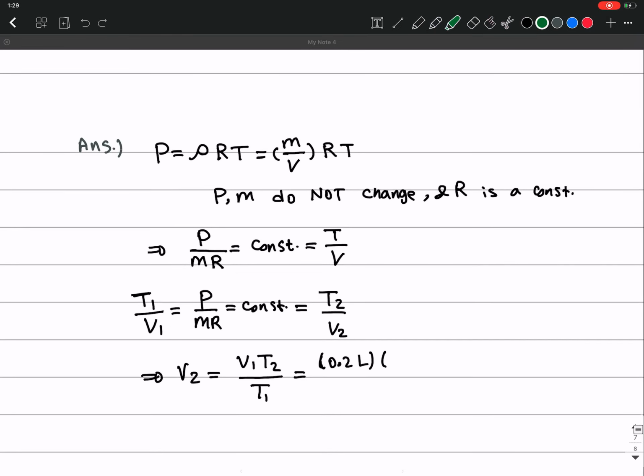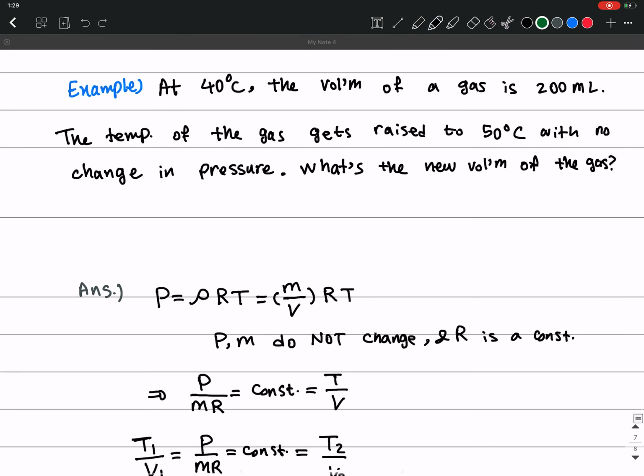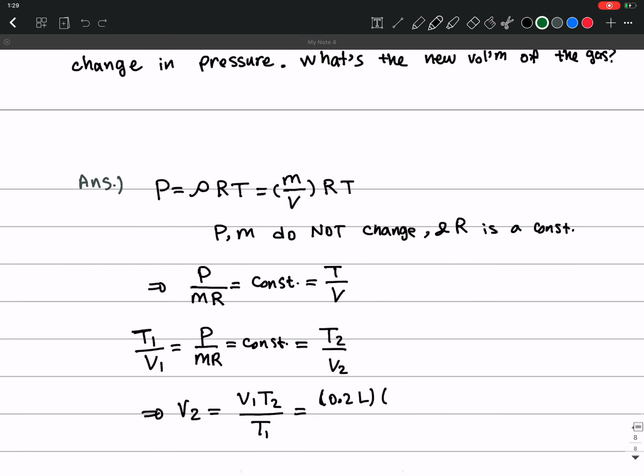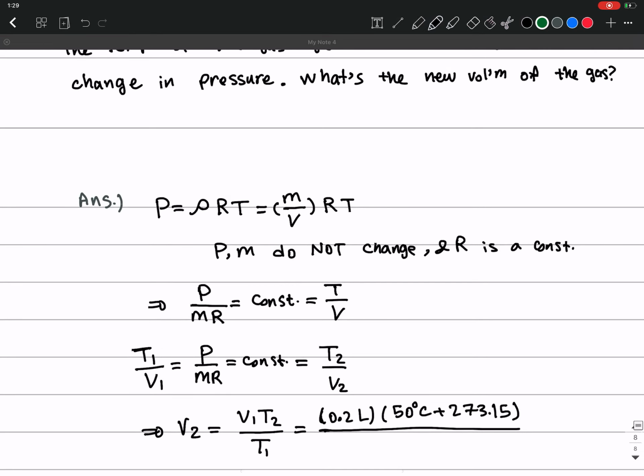So T2 is 50 degrees Celsius, and I'm going to add 273.15 to get the absolute temperature. So I have 50 degrees Celsius plus 273.15, which gives me the Kelvin value, over T1, which is 40 degrees plus 273.15. Okay?